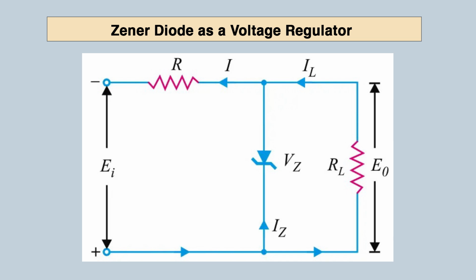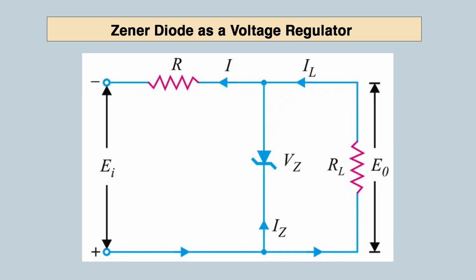So, here what will happen is the maximum current would flow through the Zener diode as it provides the lowest resistance path, and the voltage across the Zener diode will remain constant as it is in the reverse bias condition. As we all know, the voltage remains constant in a parallel circuit.